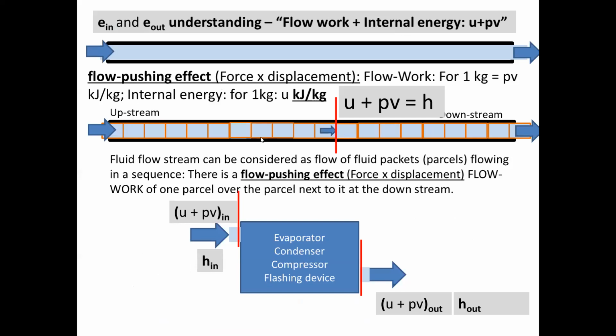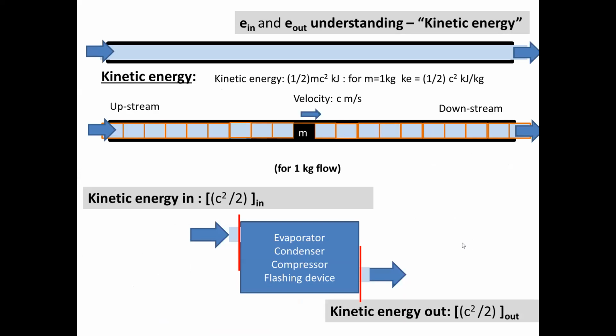So I will try to explain this way, but you should try your best to understand. So imagine in this parcels, fluid packets flowing in a sequence. So the same mass parcel here, of course, there is a velocity for this. When there is a flow means the displacement is taken place against time. So there is a rate of displacement.